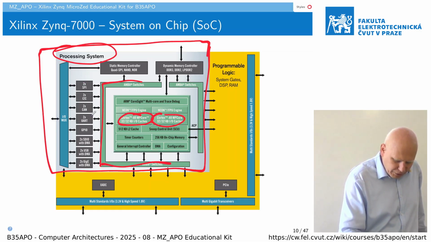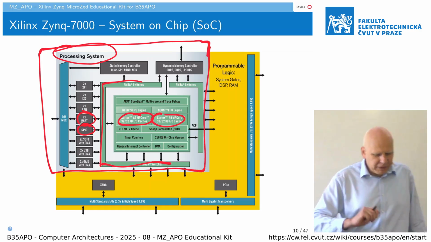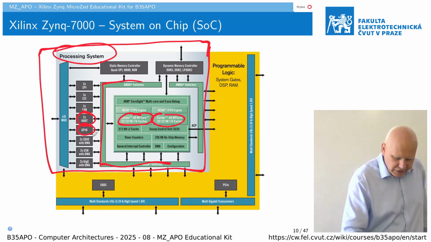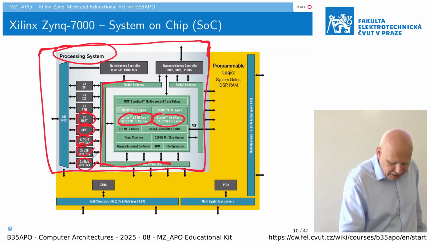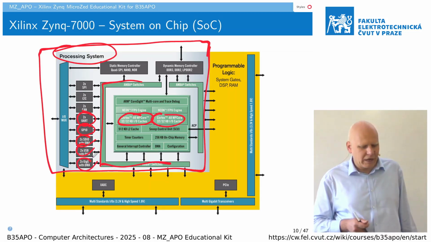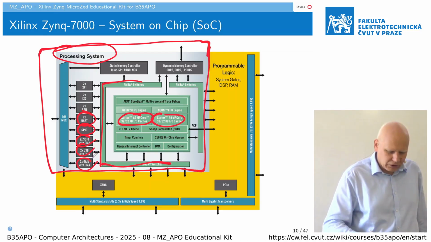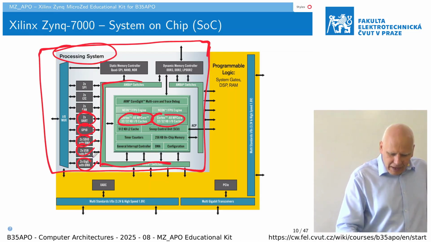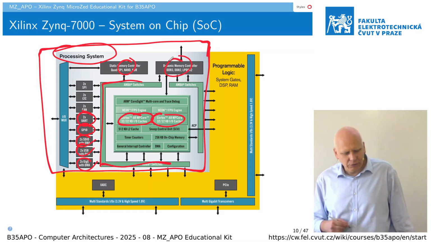So for example, you can find there two serial ports, some GPIO inputs and outputs, SD card connection, USB. In theory, there are 2 gigabit Ethernets, but only one is connected on the board. And then there is some static memory and a controller of the dynamic memory outside of the chip.